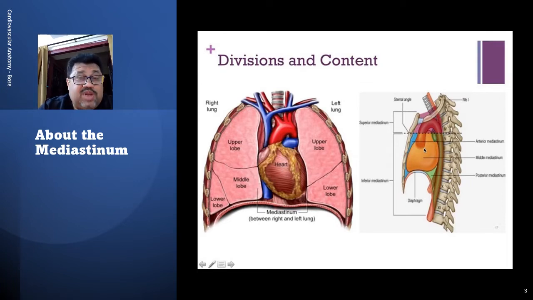If this movement occurs too suddenly and too fast, it can end up moving the heart from its location in the mediastinum and thereby lead to the development of life-threatening arrhythmias.